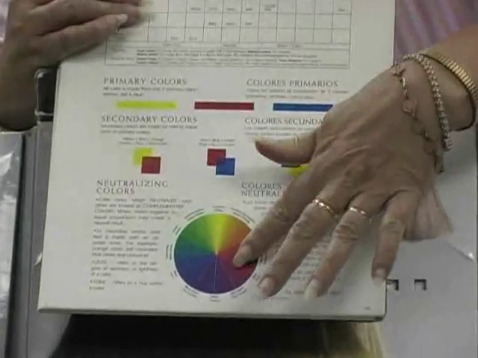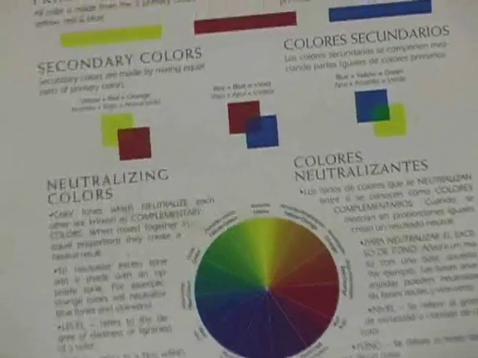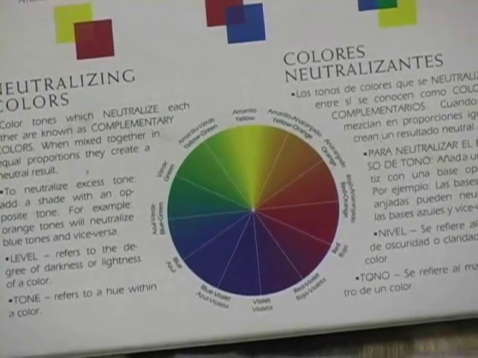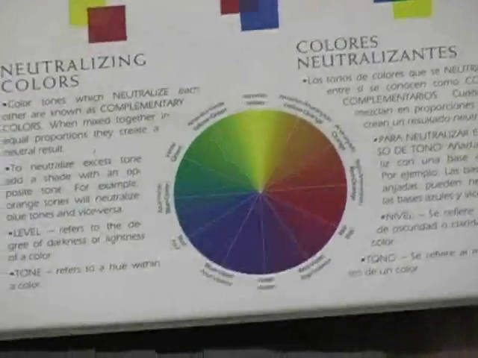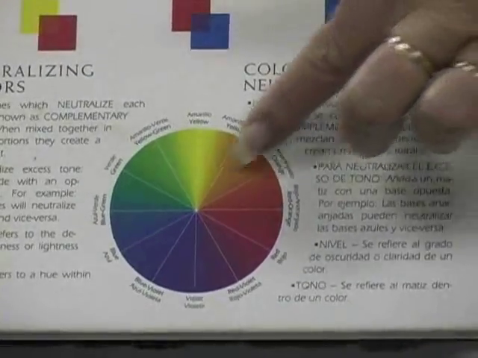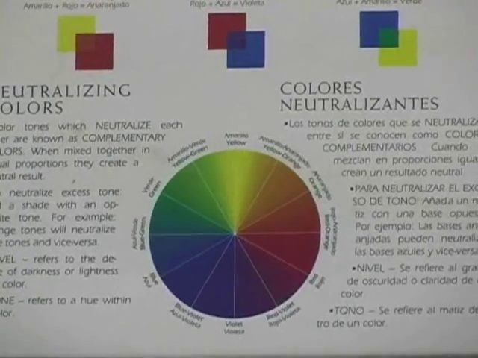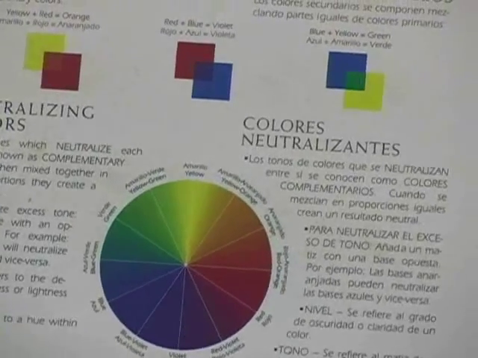Where is warm? Over here. Which warm is it? Is it orange? Is it red? Is it yellow? And whichever one we decide, all we got to do is go right opposite. And it will tell us what to use. Ash, green. Okay?